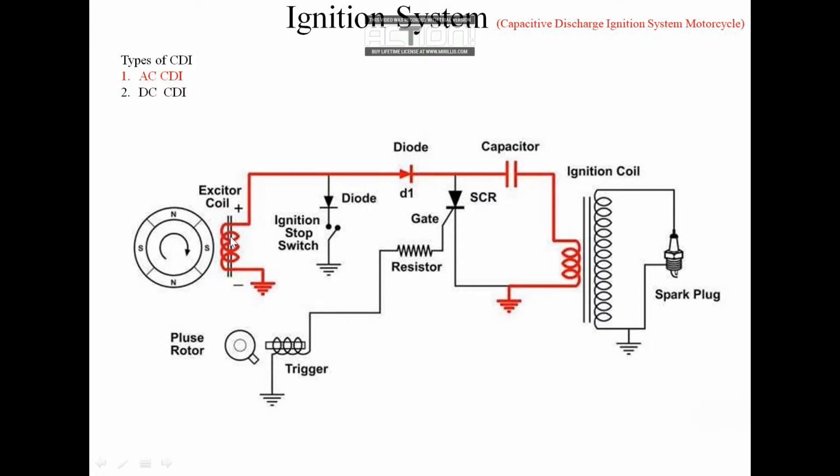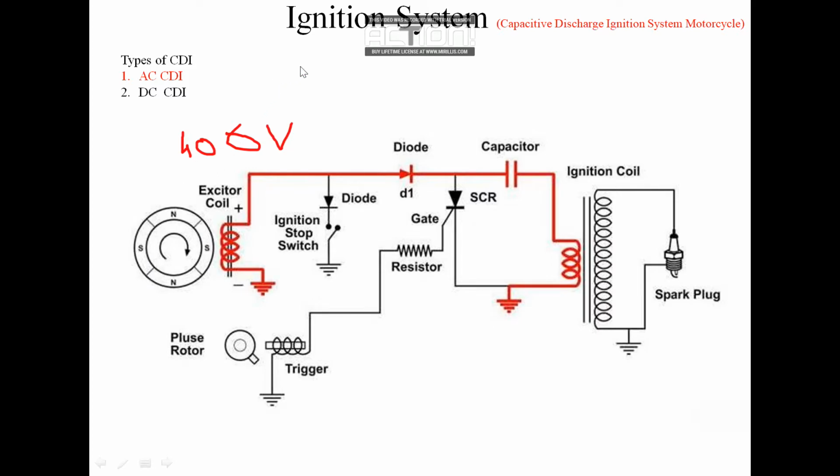The current developed inside the ignition coil is about 400 volt. But it is not up to 400 volt at the first cranking, because the rpm at the starting, or during the cranking of the vehicle, is not that much.